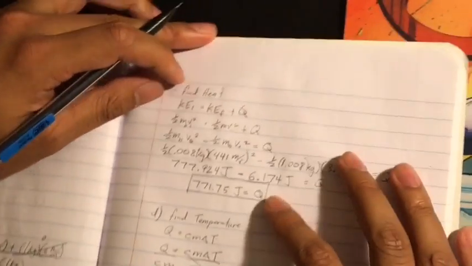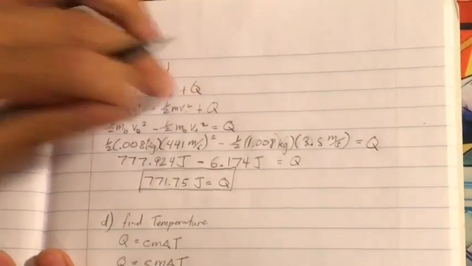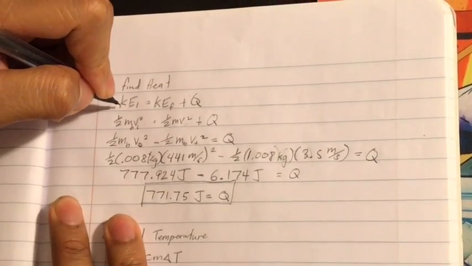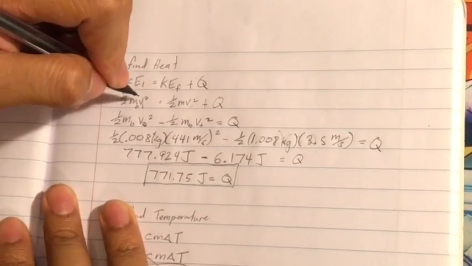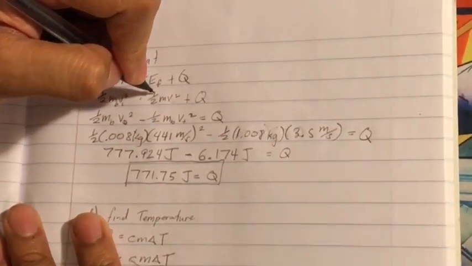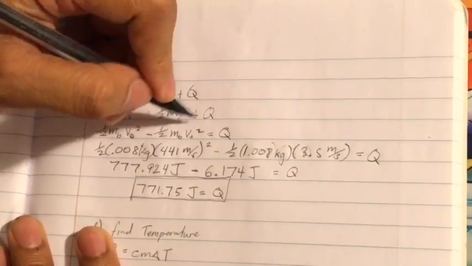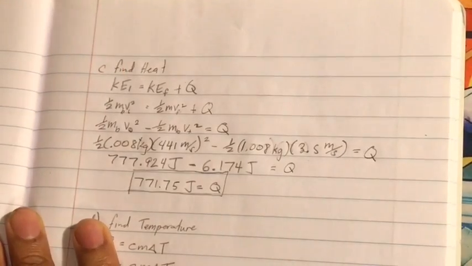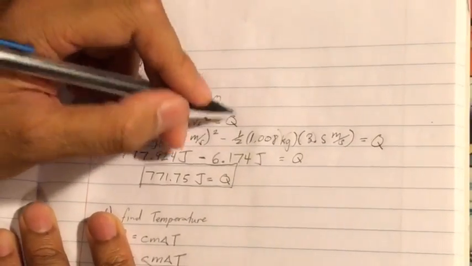And for C, we're looking for the heat. To find that, we need the conservation of energy plus Q. For the initial kinetic energy, we use 1/2 mb v initial squared equals 1/2 m v final squared plus Q. Then we switch over the 1/2 mb velocity final squared so we can leave the Q by itself.